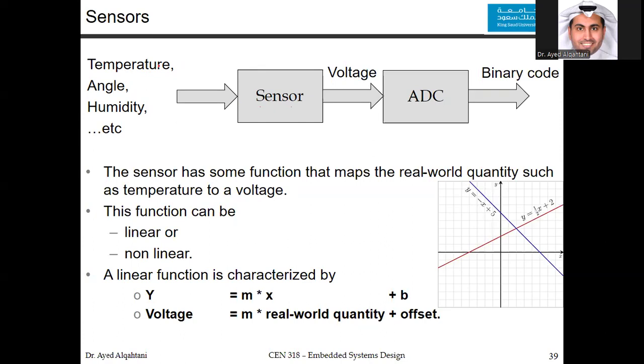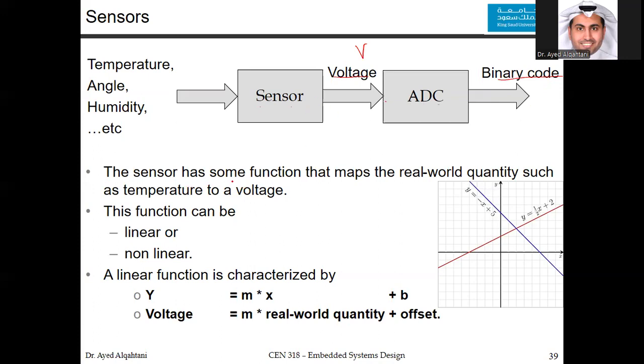So it converts this value, whatever the type of the value or its unit, to simply electrical voltage that is measured in volts, V. Usually it has a maximum and a minimum voltage, and whatever value it is resides between the minimum and the maximum. Now you have a voltage, and the ADC is ready for it. It takes the voltage, and it generates the binary code. That's the job of the sensor.